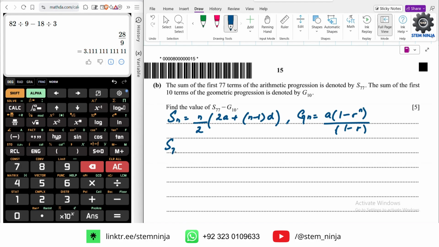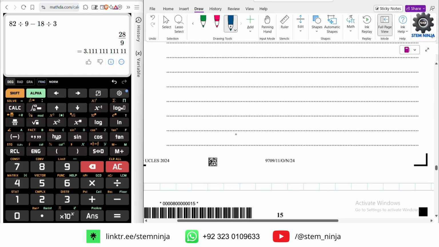So S77 is 77 over 2 times (2a, which is 2 times 5, 10, plus 76 times d). What did we find d to be? 5 over 2.